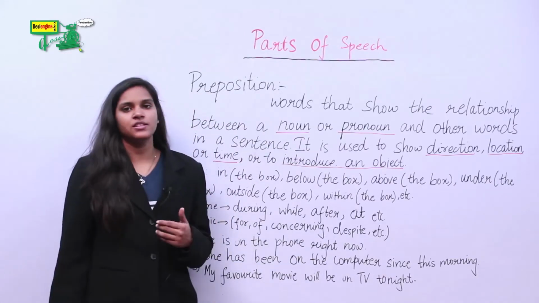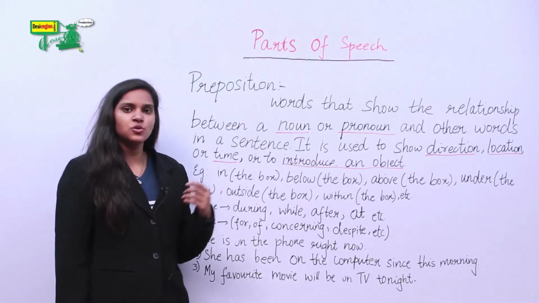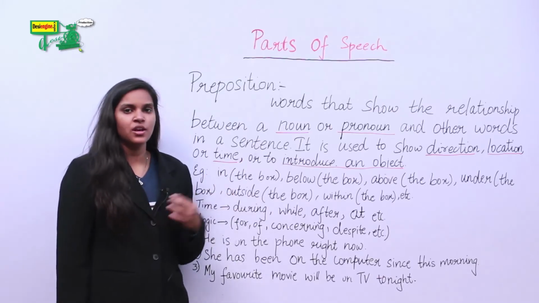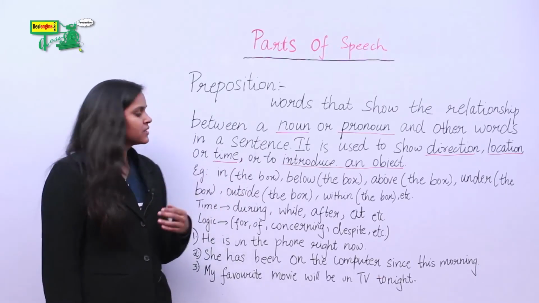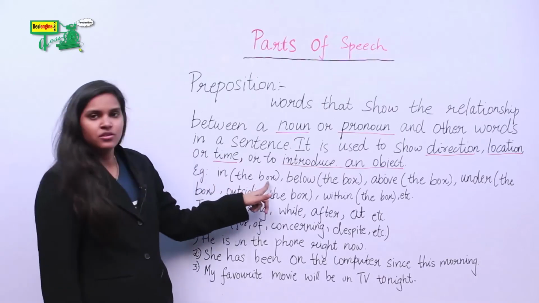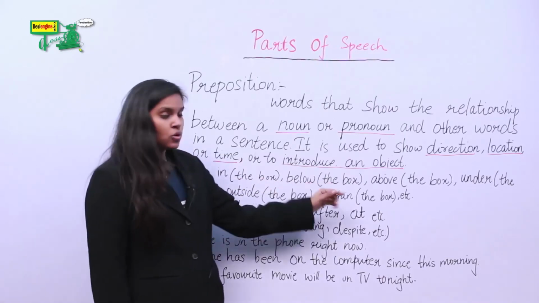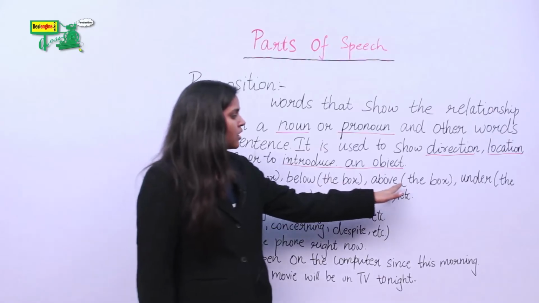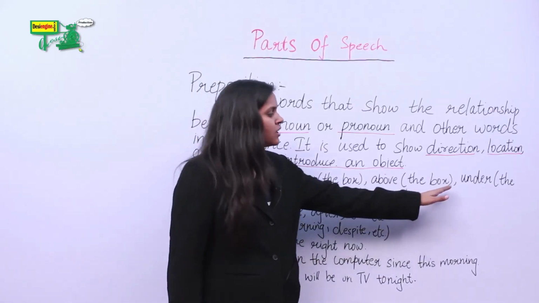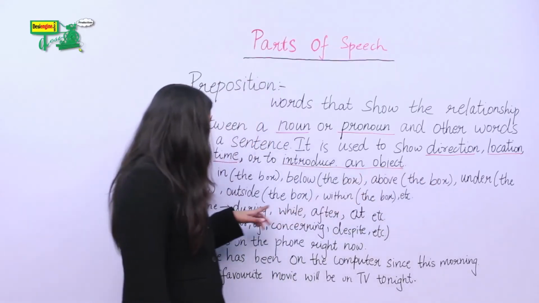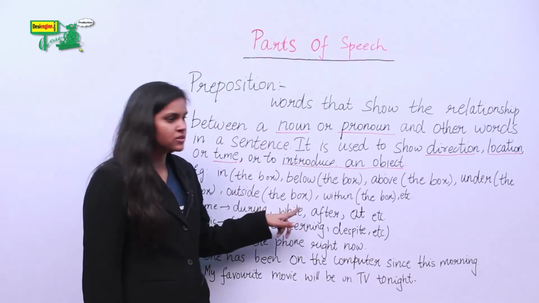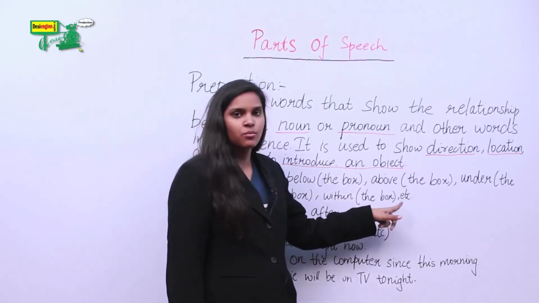Let me take the example of a box and I'll use the different kinds of prepositions along with the word the box. In the box, below the box, above the box, under the box, outside the box, and within the box.